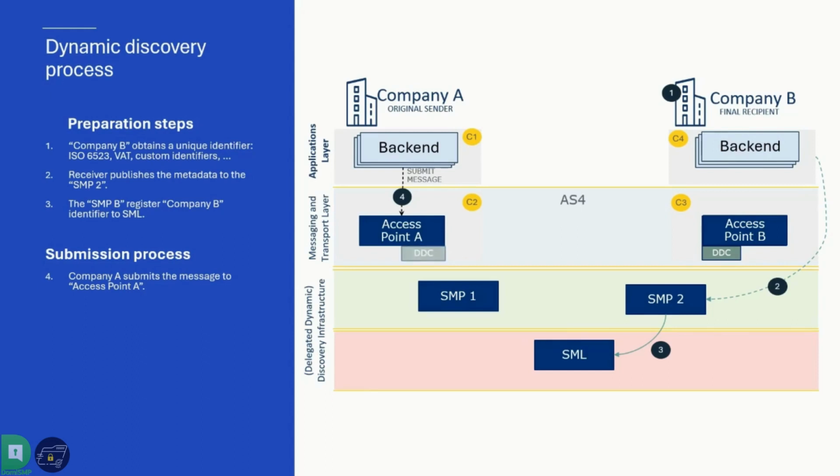So in step 5, it activates its DDC, and DDC first looks up in the SMS service where company B publishes its metadata, and the SMS service responds with the URL address of SMP2.